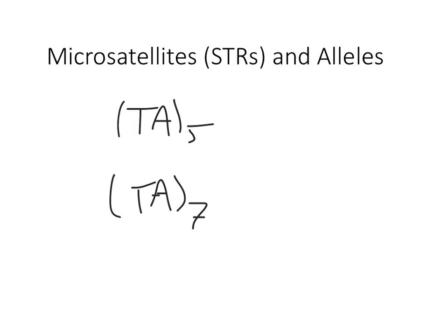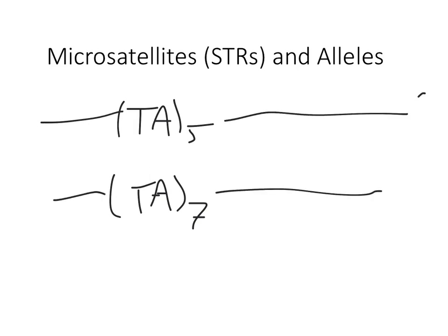These are not genes. These are just random sequences of DNA that exist in our chromosomes. But they're DNA, so these are two different alleles of part of your chromosome. They might be at a specific spot on your chromosome 3, for example. It means you inherited 5 repeats of TA from one of your parents, say mom, the maternal version, and your dad on his chromosomes had 7 copies of this repeat.